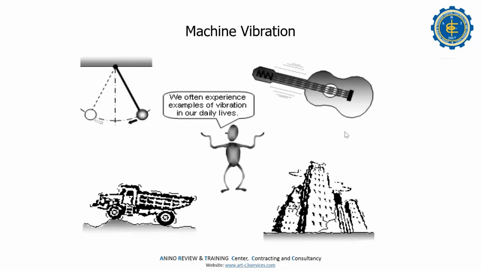So, machine vibration. We have a pendulum, but examples of vibration are a guitar, heavy equipment, a building. All movements or all equipment have vibration. That's why in power plants or big companies, they have a reliability department.